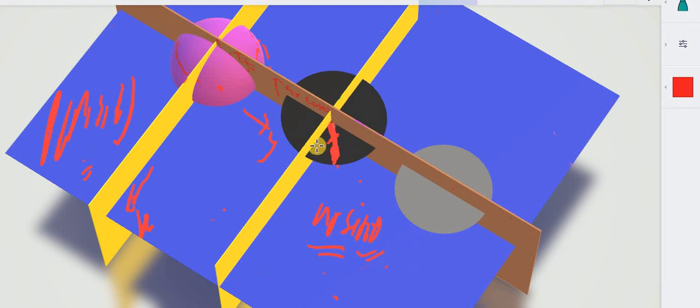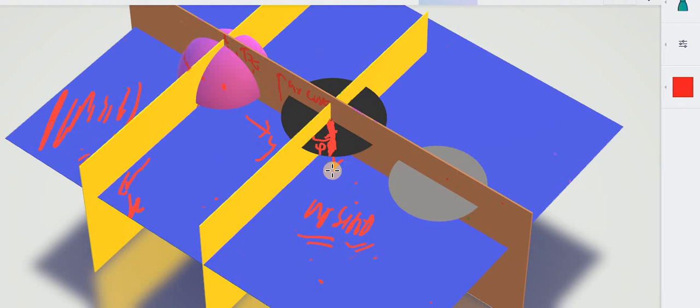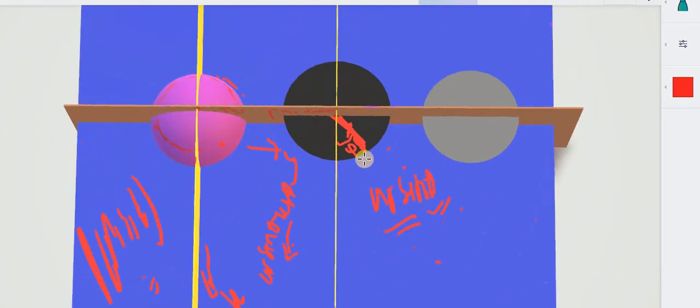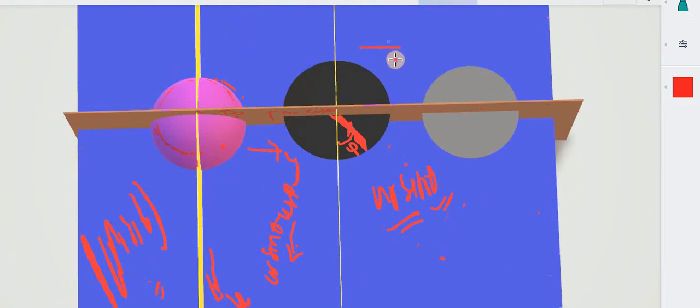Now this angle is phi, so in this direction we get a r sin theta cos phi, and in this direction a r sin theta sin phi. Clear?